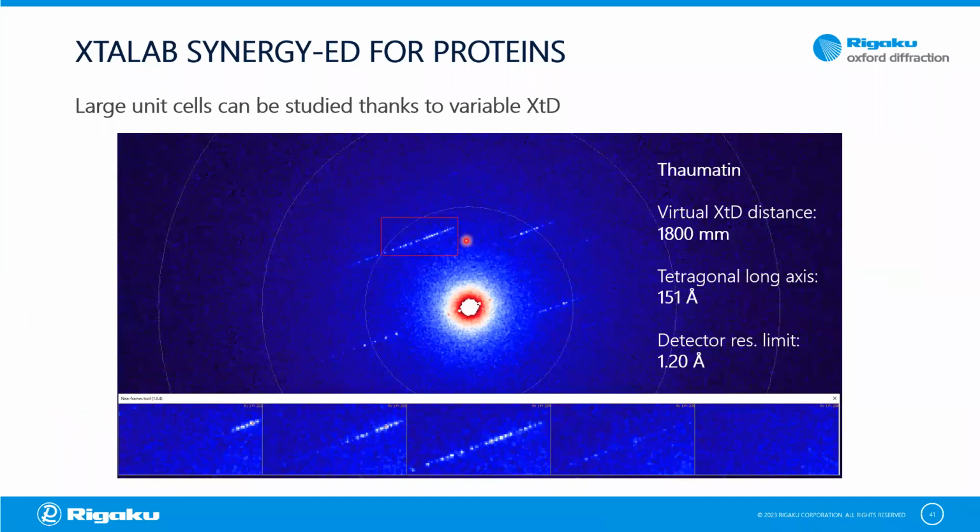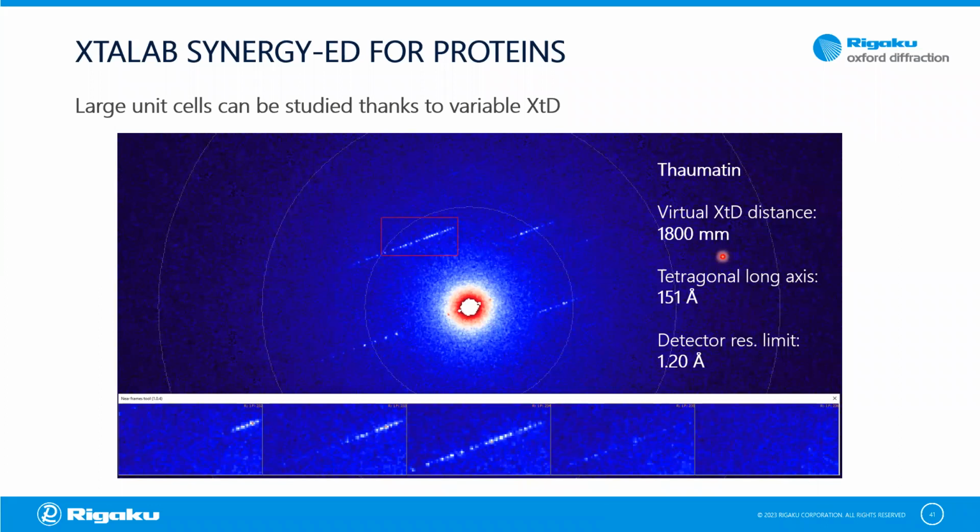And one feature of the Synergy-ED I would like to highlight in this context is that it has a settable crystal to detector distance, not by means of moving the detector physically, but just thanks to the projection electron lenses that sit in between the sample and the detector, which allow you to change the virtual crystal to detector distance just by means of electron optics. And for proteins with their long axis, in this case 150 angstrom, we could dial this up to 1.8 meters.